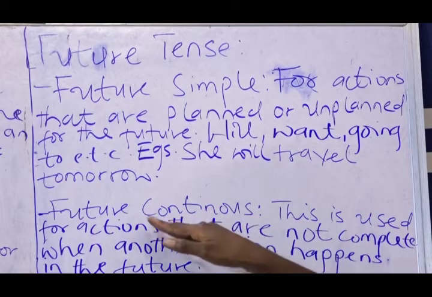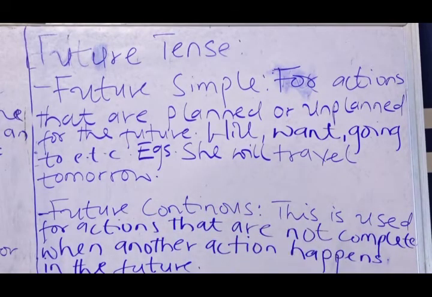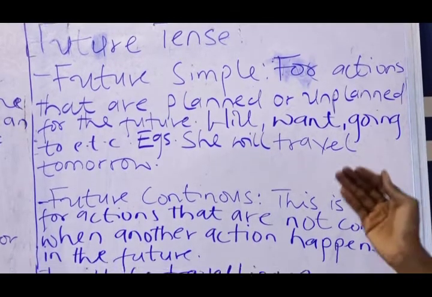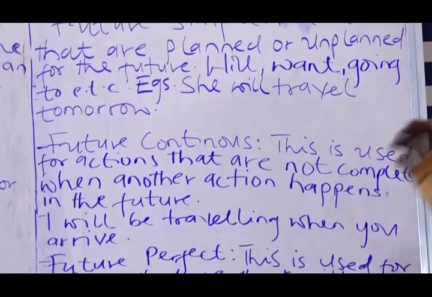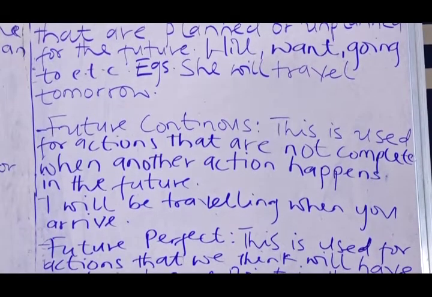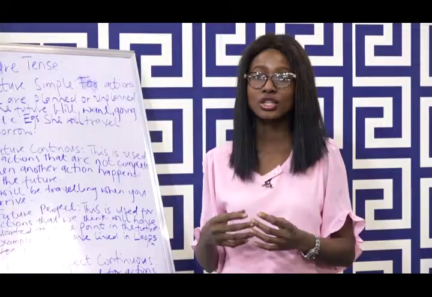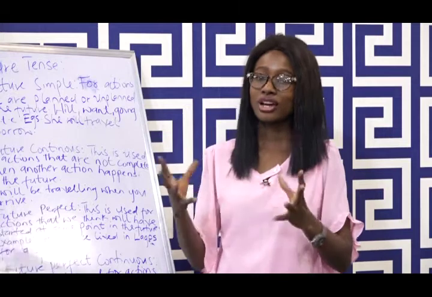Now, the future continuous tense. Future continuous tense is used for actions that are not complete when another action happens. Let's take, for instance, you are traveling tomorrow, and somebody says, oh, I'm coming to visit you.